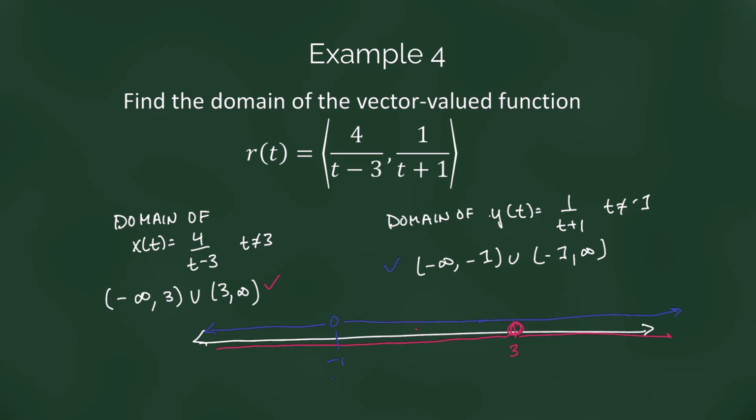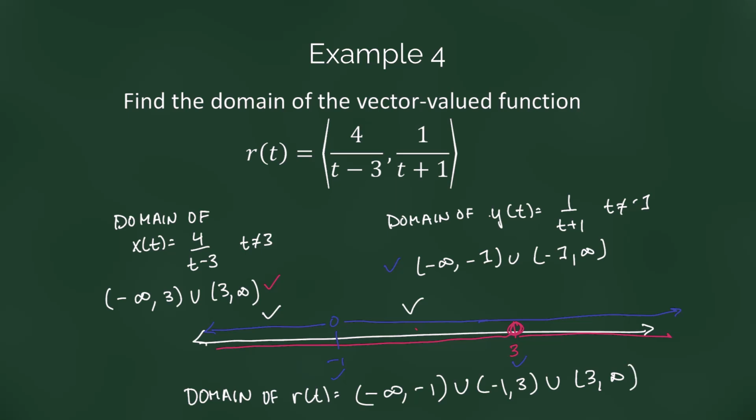Well, they don't overlap at negative 1 and 3. And so our domain for r of t is going to be negative infinity to negative 1, this stuff over here where they overlap, and then from negative 1 to 3 where they overlap, and then our last section where they overlap from 3 to infinity. We're excluding negative 1 and 3 in the domain.